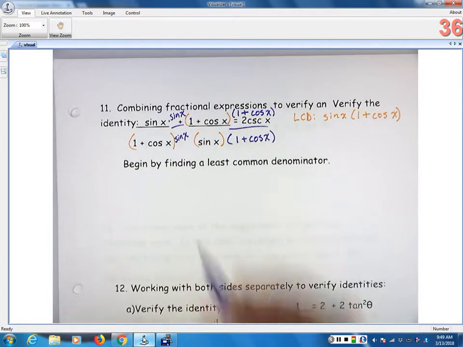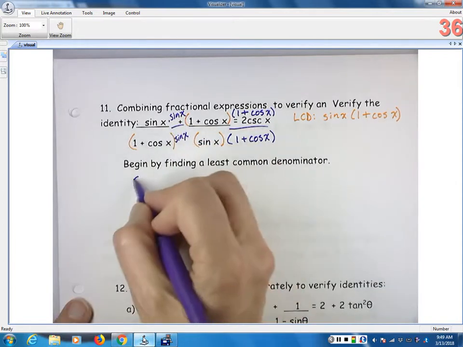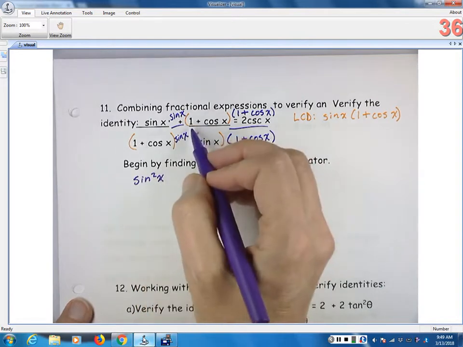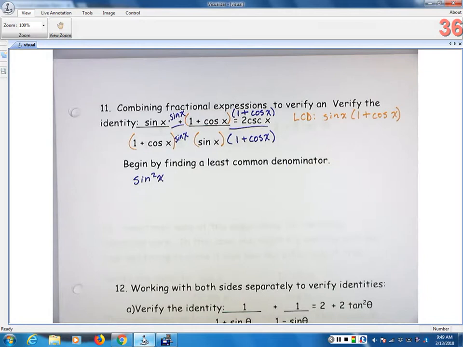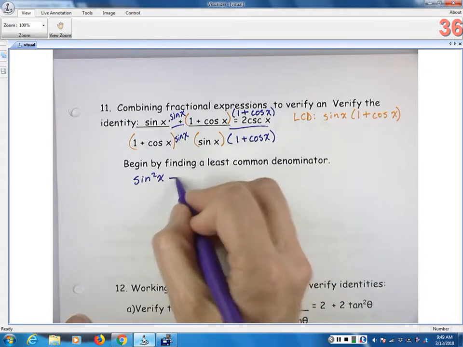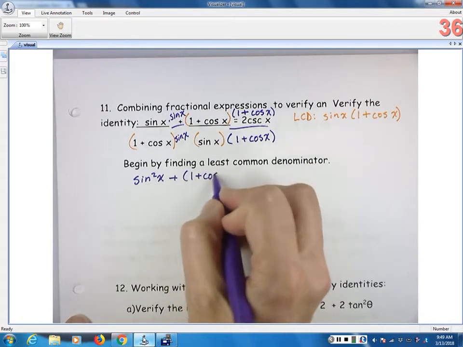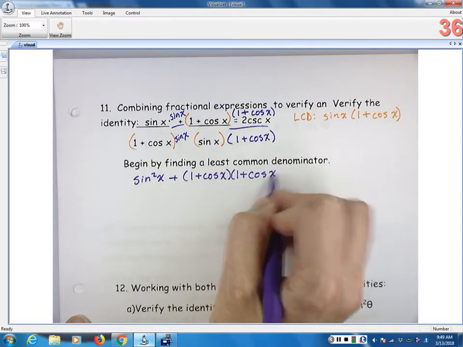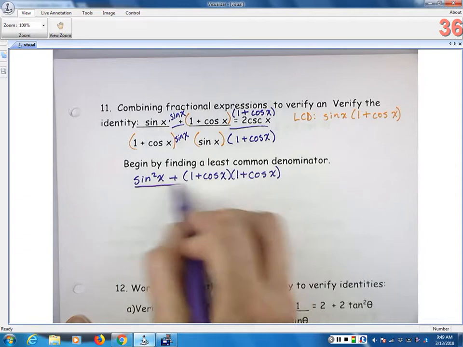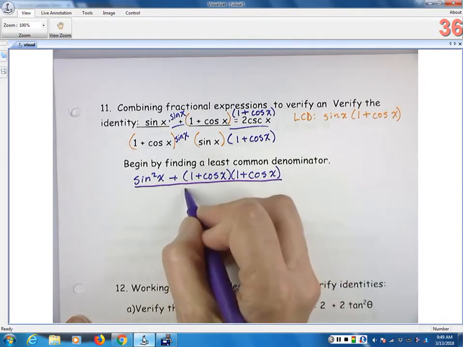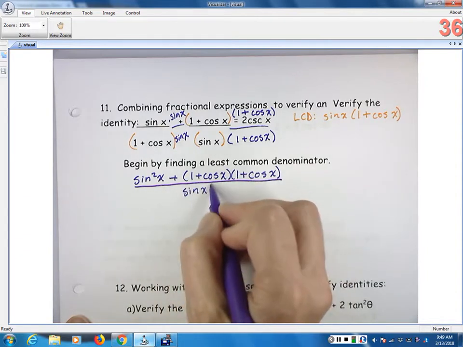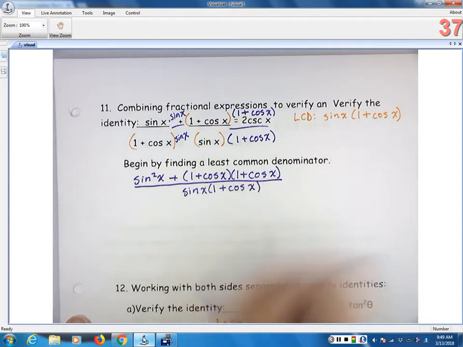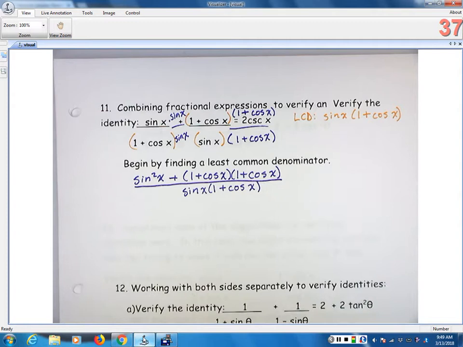Okay, so we get sine squared x, and I'll just write 1 plus cosine x times 1 plus cosine x, which I will need to FOIL, all divided by the common denominator, sine x times 1 plus cosine x. Now don't separate it and start canceling. The point was we were going to put it together.